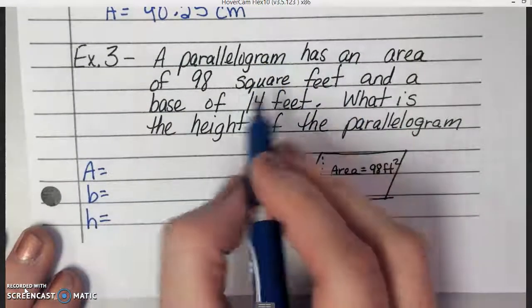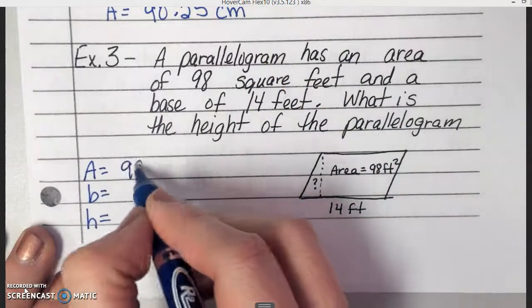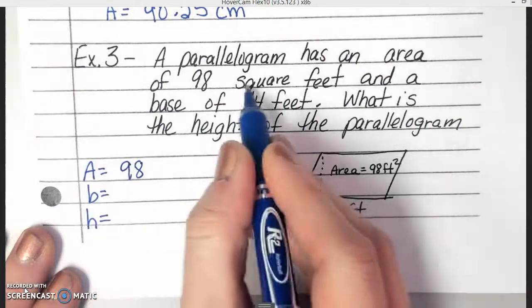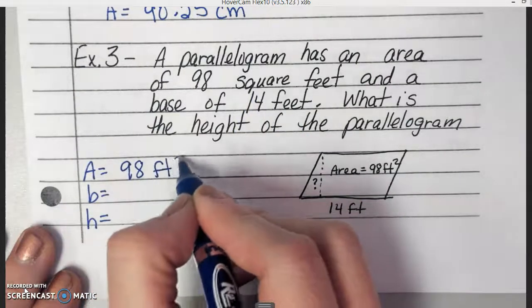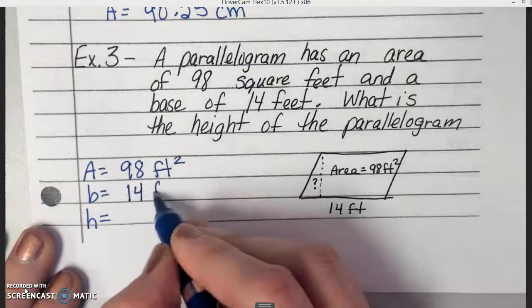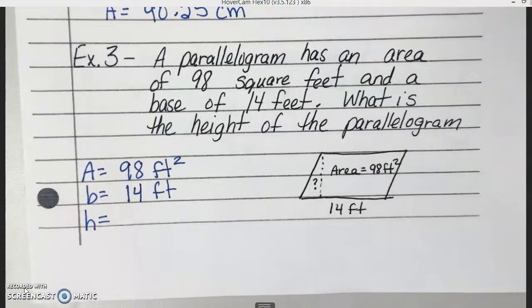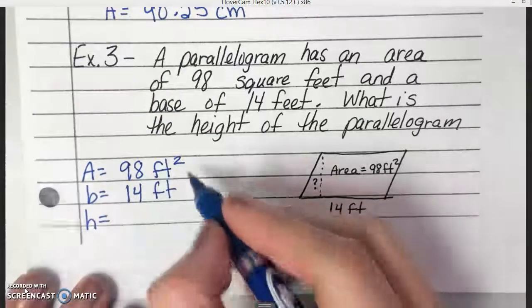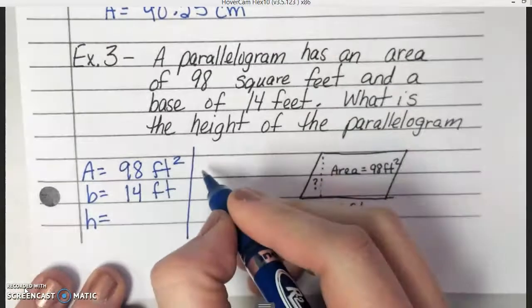So it tells me that the area is 98 square feet. It tells me that the base is 14 feet. And I've got to figure out the height. So I'm going to start with the formula still.